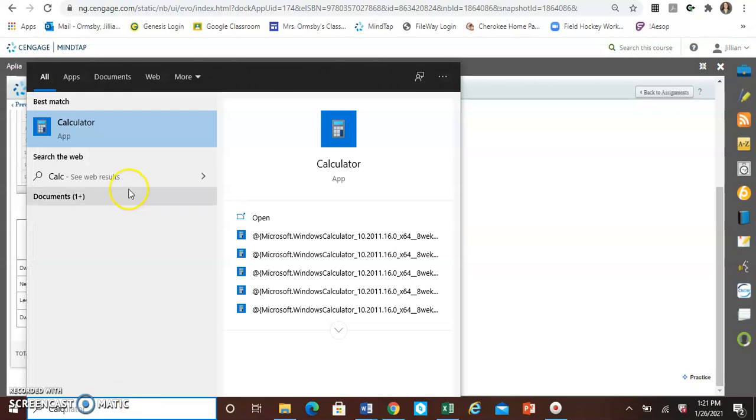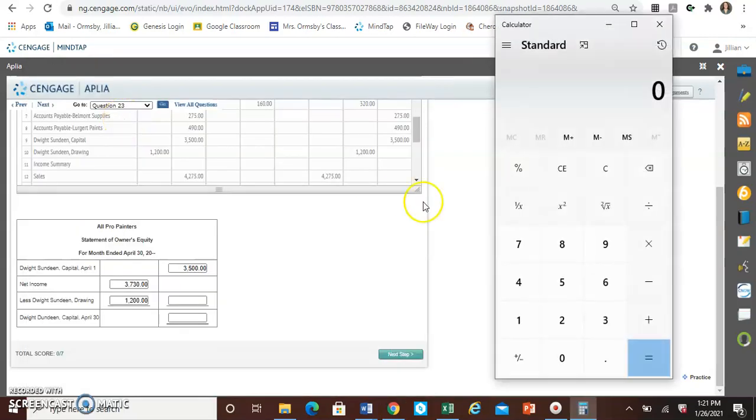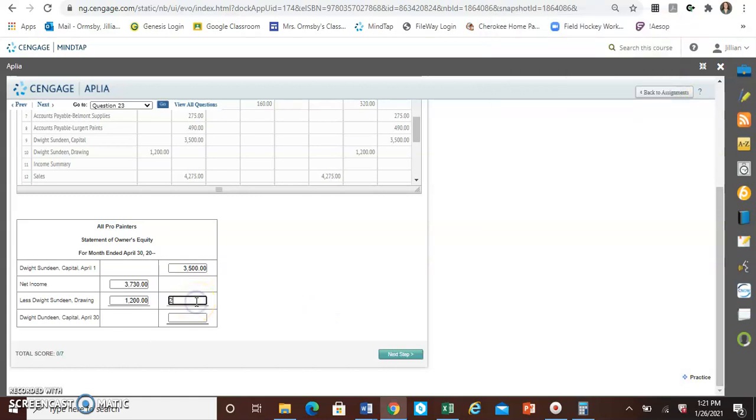So I'm going to use my calculator app here. And it says less. So I'm subtracting these two amounts. 3,730 minus 1,200 equals 2,530, and I'm going to put the total over here, 2,530.